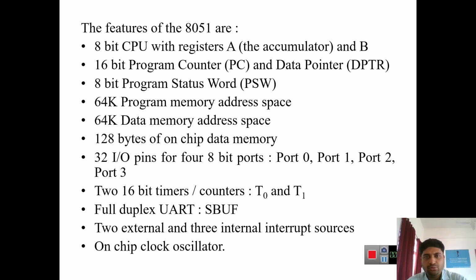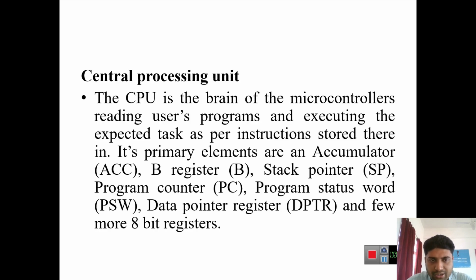So the basic features of the 8051, once again: an 8-bit CPU, program status word, 64 KB memory, each port consisting of 8 bits, totally 32 I/O pins, and 16-bit timers T0 and T1. It works on the principle of UART, universal asynchronous receiver transmitter.